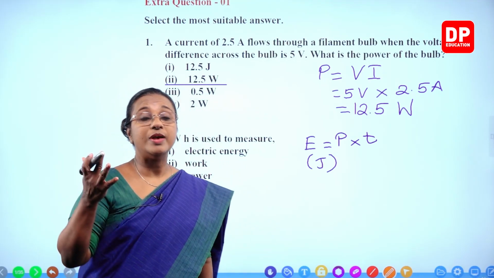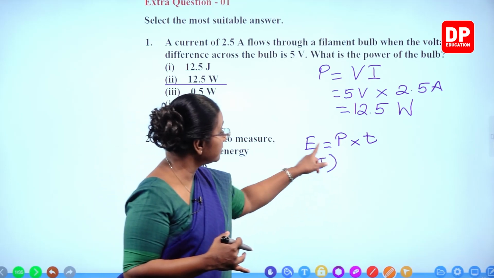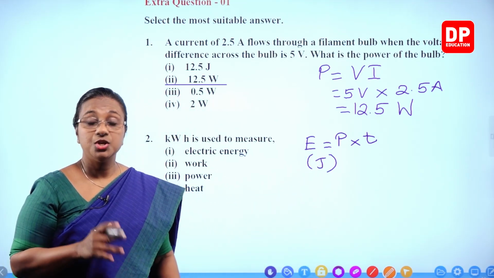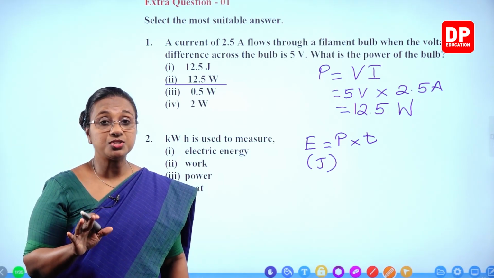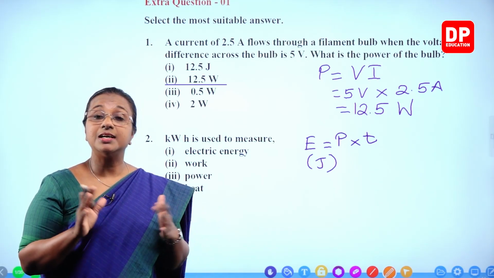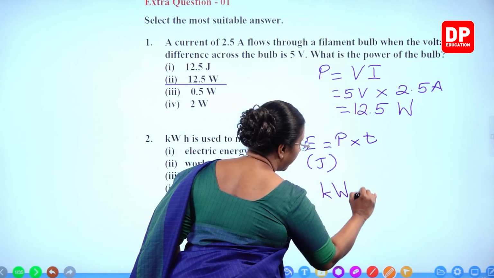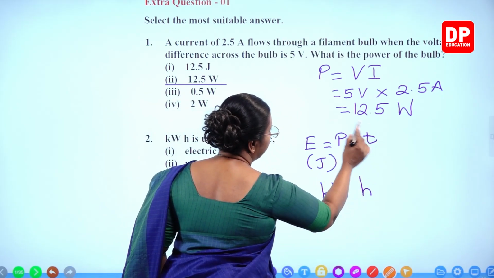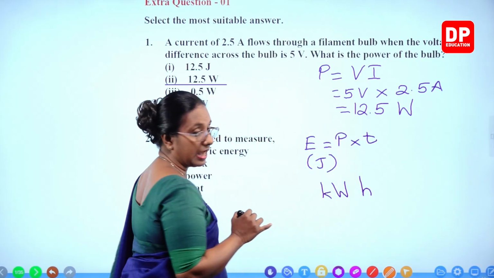But when you consume a very large amount of electric energy, this value will be very high. You can remember that we have done calculations related to that. Because of that, as a commercial unit, we use kilowatt hours. We have to have the power in kilowatts and the time in hours.